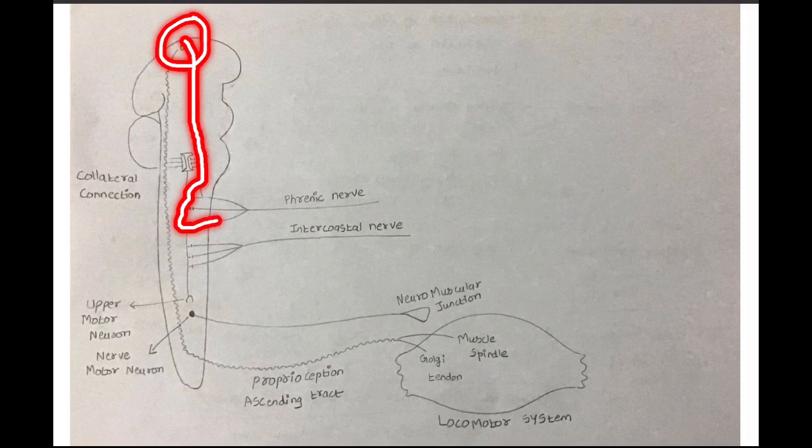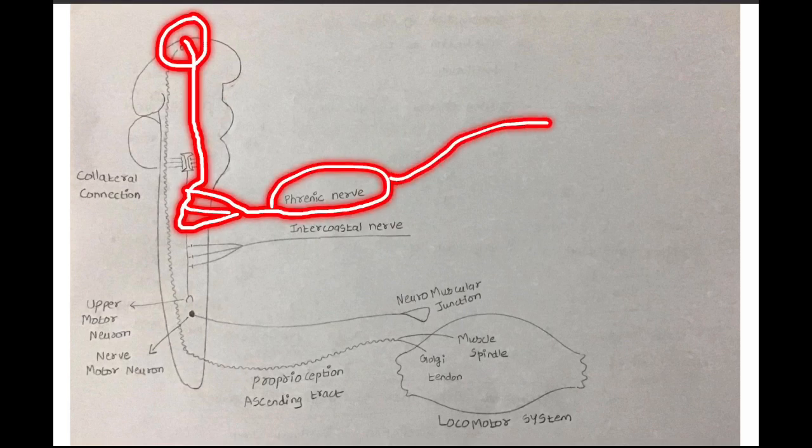From the motor neurons, it will combine together to form a nerve known as phrenic nerve, and it will supply the diaphragm muscle, and the function is contraction of the diaphragm.